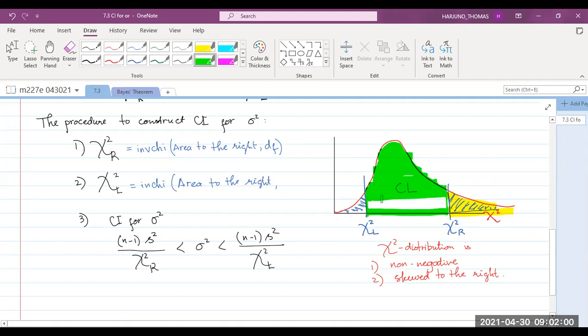Now you will see as a consequence, later on you see that the area you have here plus the area you have here should total to 1.